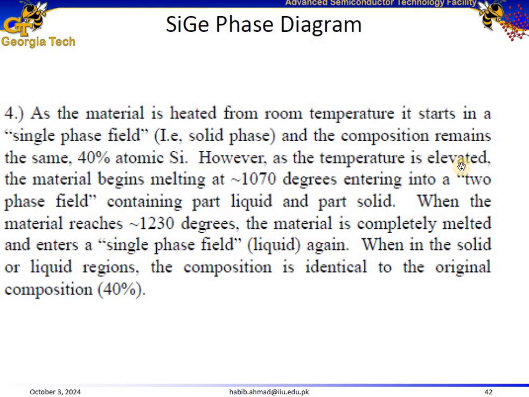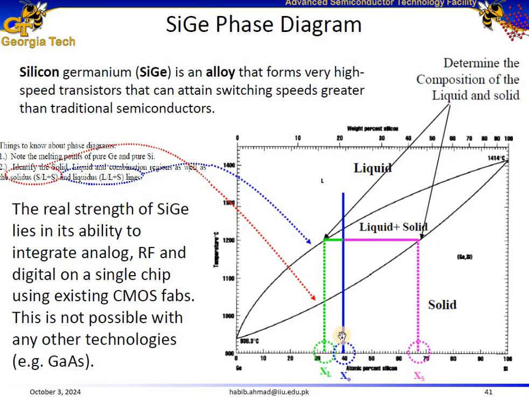As the temperature is elevated, the material begins melting at 1070 degrees C. Initially the silicon-germanium at 40% content is in solid form, but at this temperature of 1070 degrees C, it enters into the mixed phase.